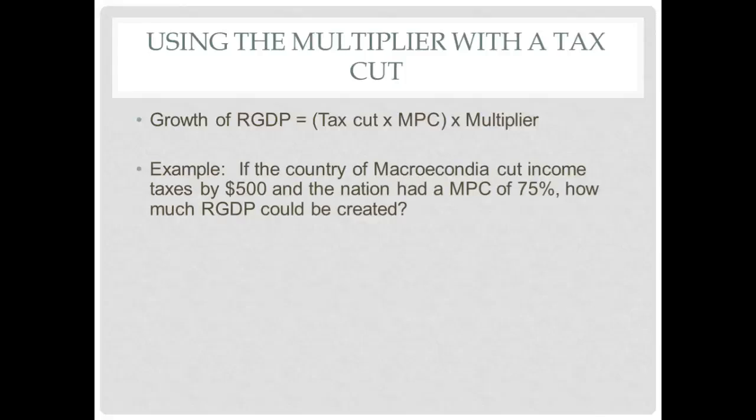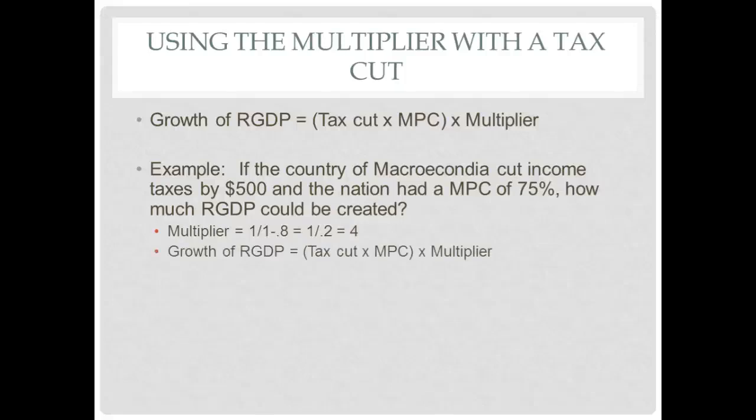So, for example, this is the same example we did a few slides ago, but instead of using government spending, we're going to use a tax cut. If the country of Macroacondia cuts income taxes by $500 and the nation has an MPC of 0.8, how much RGDP could be created? Well, first we find our multiplier just like in our last example, and it was 4. However, we now take a new formula, the tax cut times the MPC, which we then multiply times the multiplier.